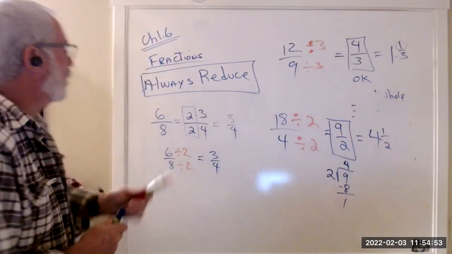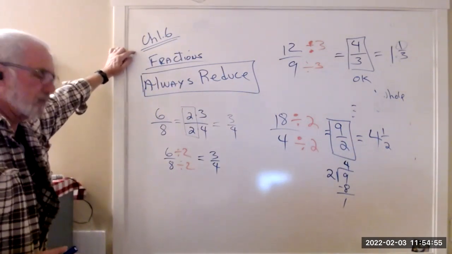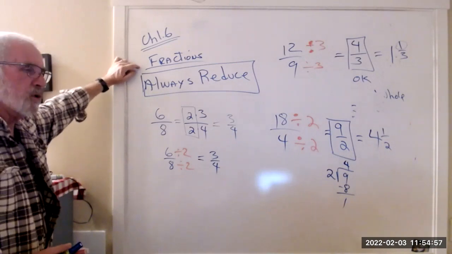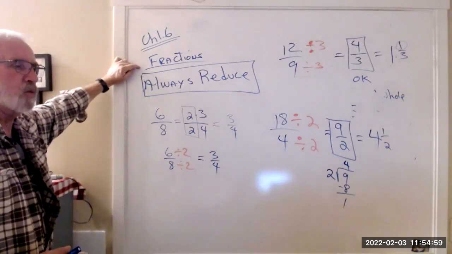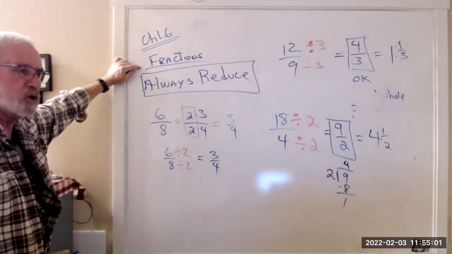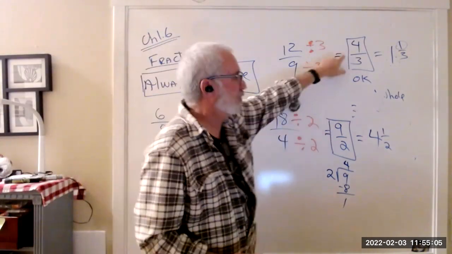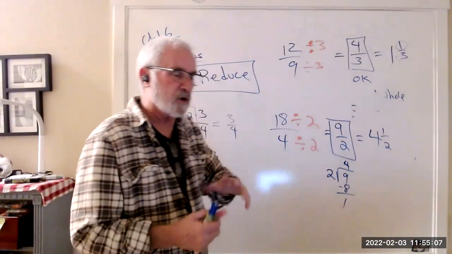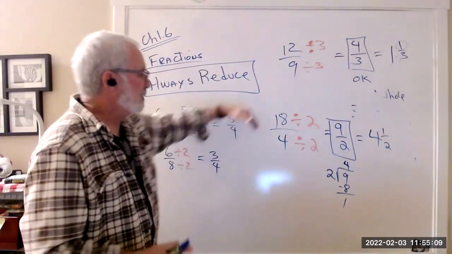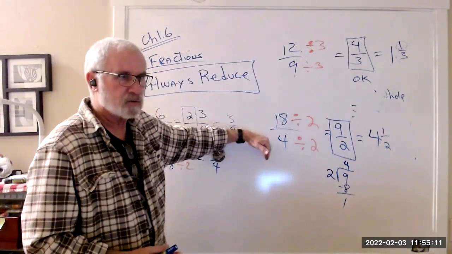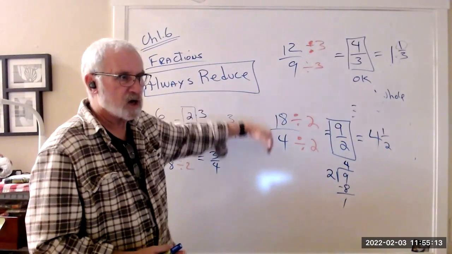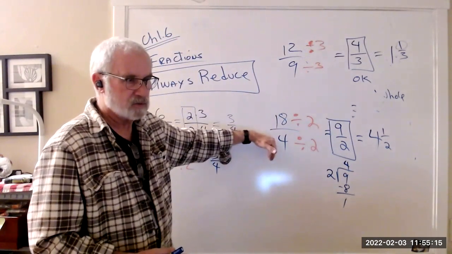But what I want to talk about in section 1.6 is when you see a fraction, you always attempt to reduce it. But you can leave it top heavy. There's a difference. Reducing means making your numbers smaller, dividing top and bottom by the same amount.